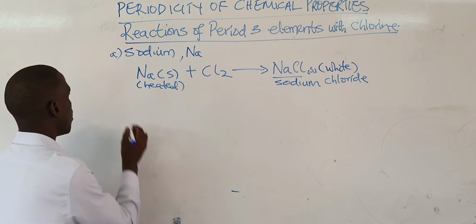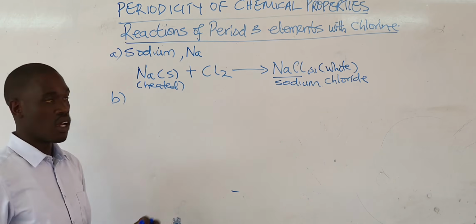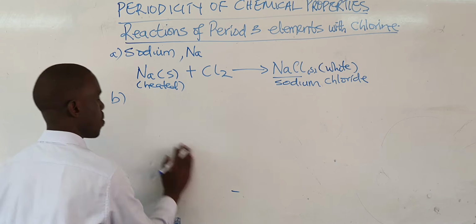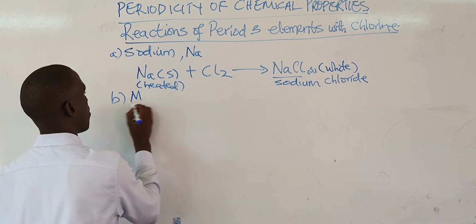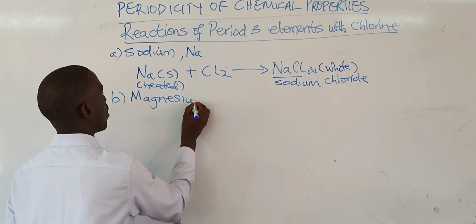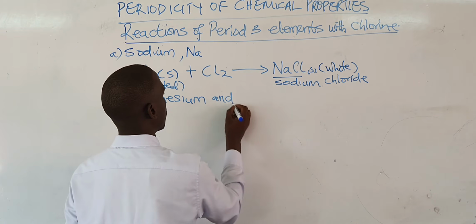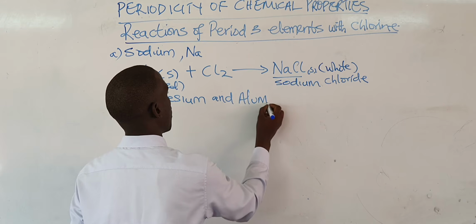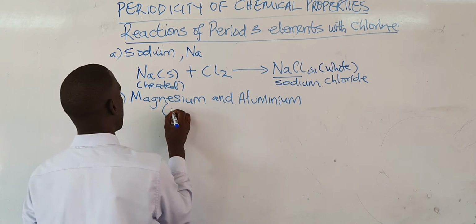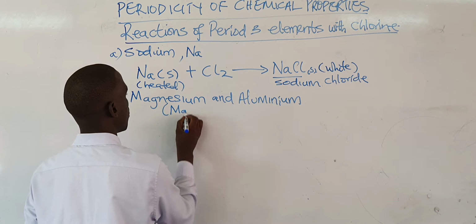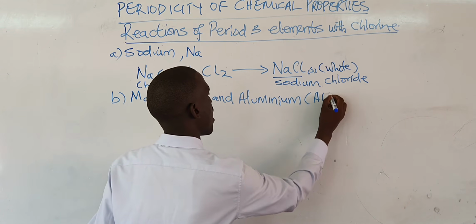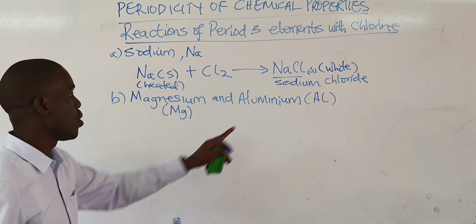The second period 3 elements that we are going to be looking at are magnesium and aluminium. The symbol is Mg for magnesium, and Al for aluminium.